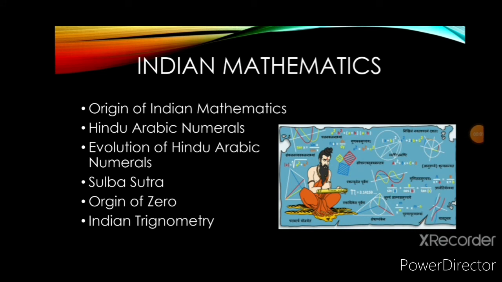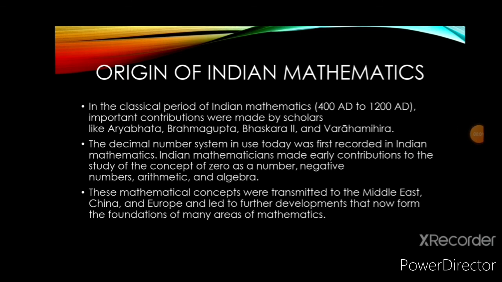Now, after completing the Arabic mathematical history, we have arrived at the Indian mathematical history. It includes the origin of Indian mathematics, Hindu-Arabic numerals, evolution of Hindu-Arabic numerals, Sulba Sutra, origin of zero, and Indian trigonometry. In the classical period of Indian mathematics, important contributions were made by scholars like Aryabhatta, Brahmagupta, Bhaskara II, and Varaha Mihira.